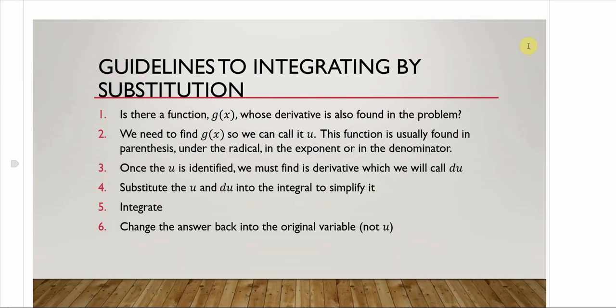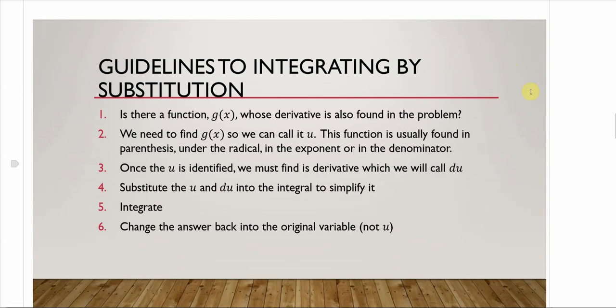So you want g of x to be the one whose derivative will be there. It's also found under the radical, or sometimes it might be the whole exponent, or sometimes it'll be the denominator. But you'll never find the du in the numerator, unless the denominator happens to be just a constant. Okay, so the du will never be in the denominator. The u will, but not the du.